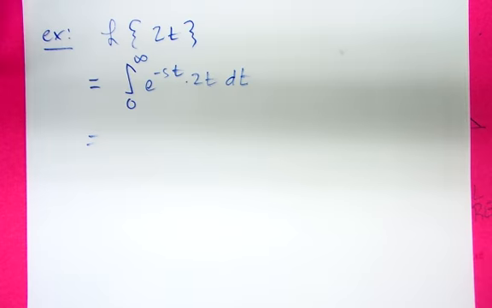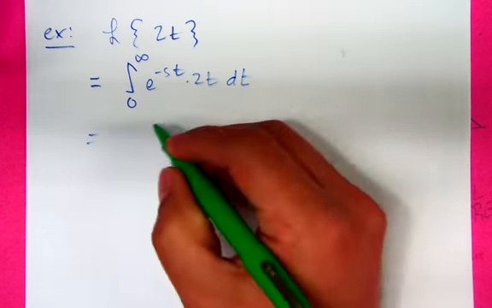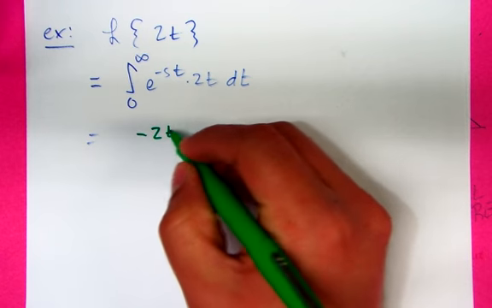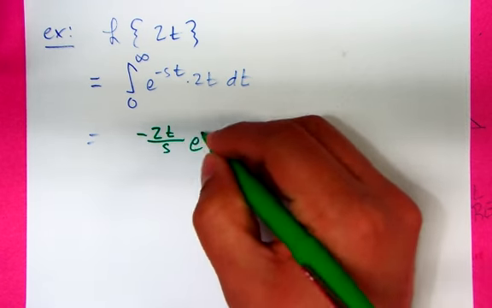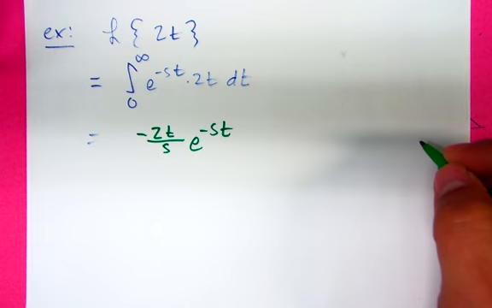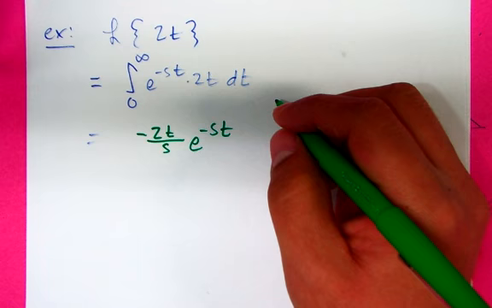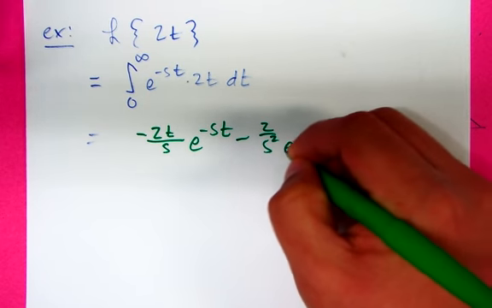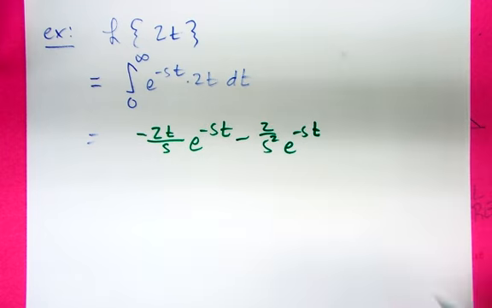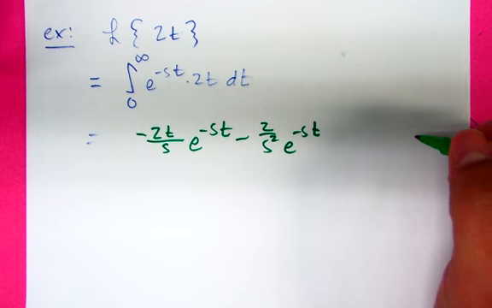Okay. So we get minus 2t over s e to the minus st. Minus 2 over, I'm just plugging in everything, minus 2 over s squared e to the minus st, using integration by parts.